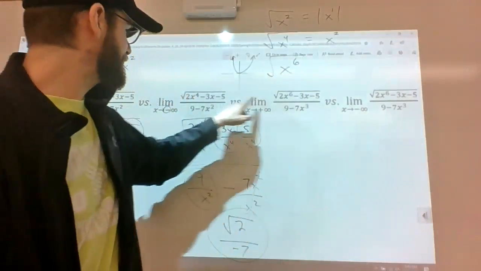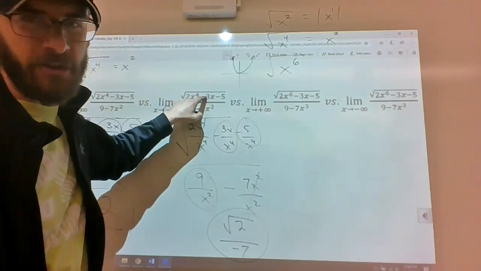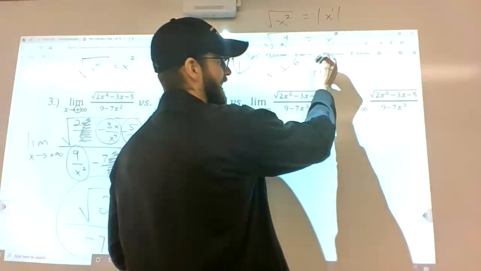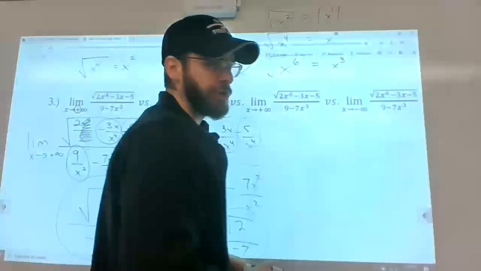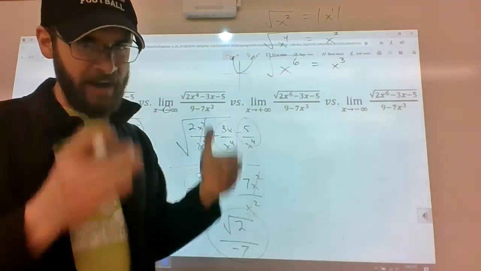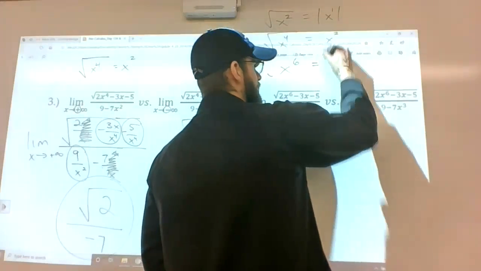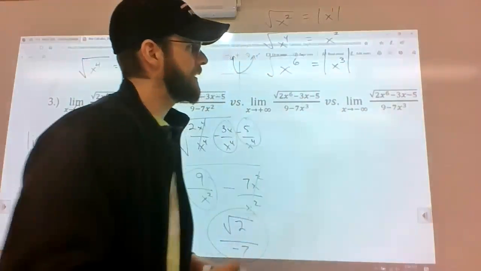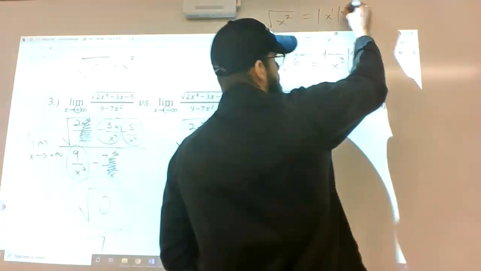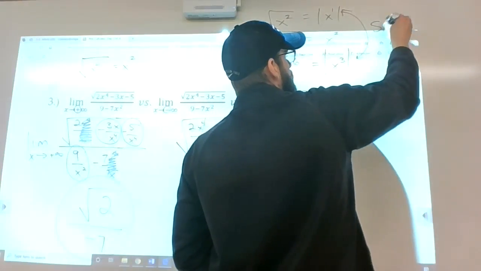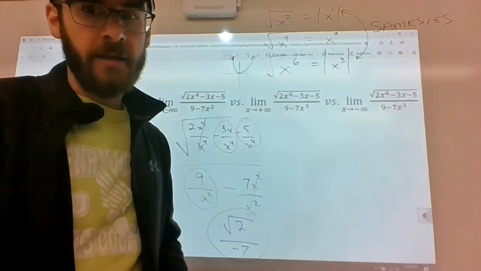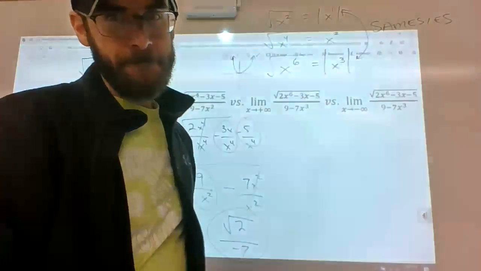Look, this is following a very similar pattern here. Since x cubed comes out as an odd power, we actually have to absolute value bar it. Therefore, this fits the same pattern as the one originally given.